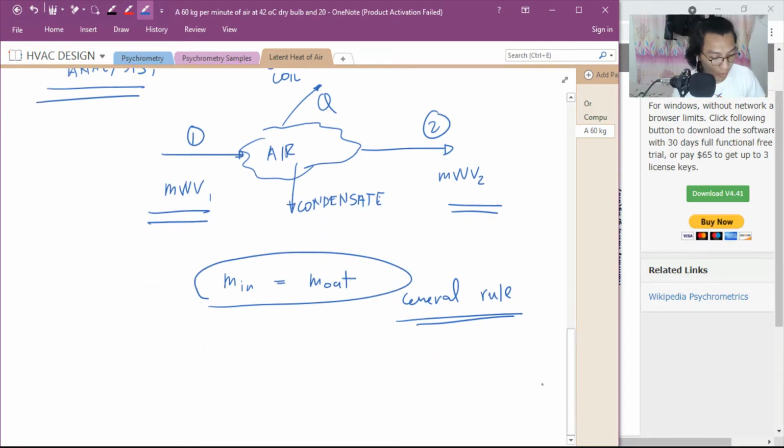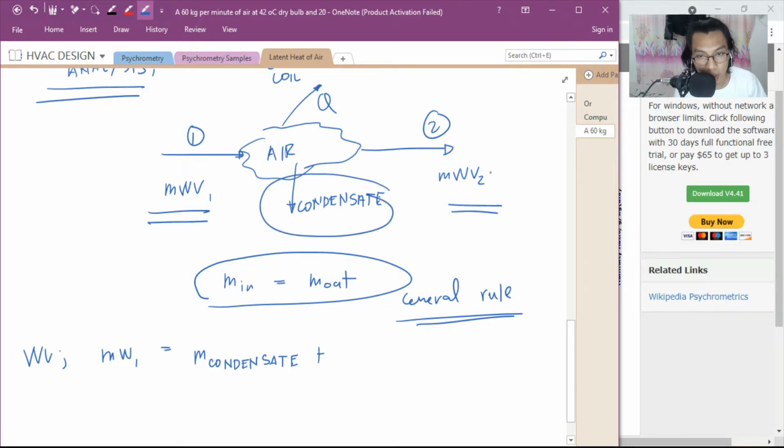Based on the water vapor analysis, the mass of water vapor 1 will be equal to the mass of the condensate plus the mass of water vapor 2. Mass in equals mass out: the mass of the condensate, which is the water removed from the air, plus the mass of water vapor 2.